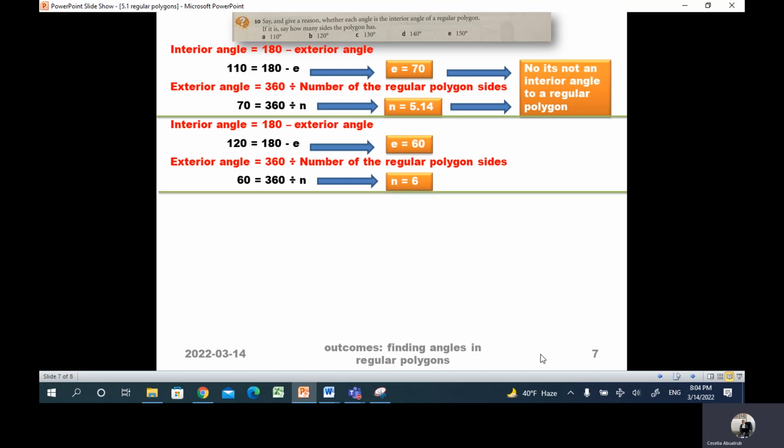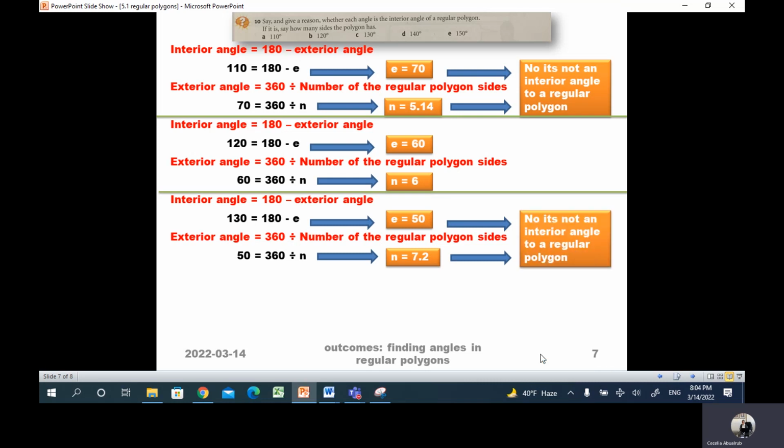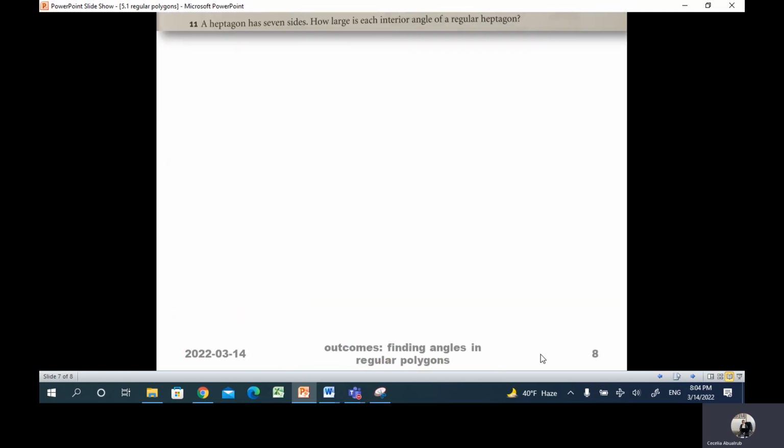It's not an interior angle of a regular polygon in the first one. The second one, it was a regular polygon. The third one, since it has a number of sides 7.2, then this is not a regular polygon. And then for 140, it will have a number of sides that is equal to 9. So this is a regular polygon.